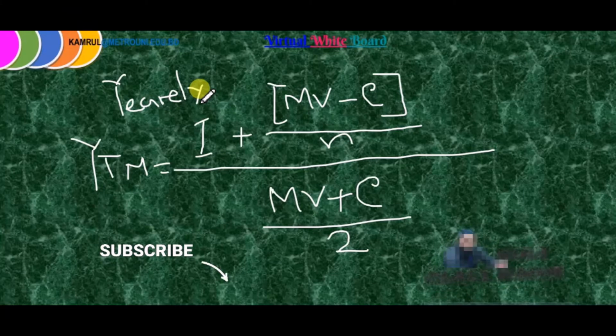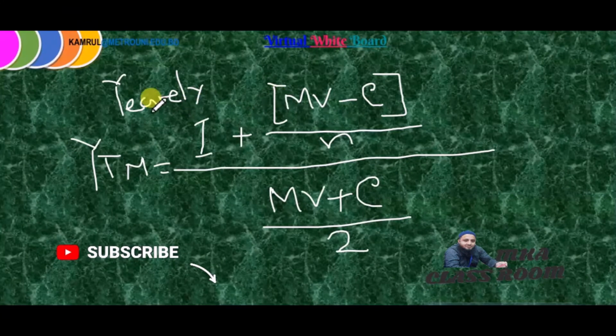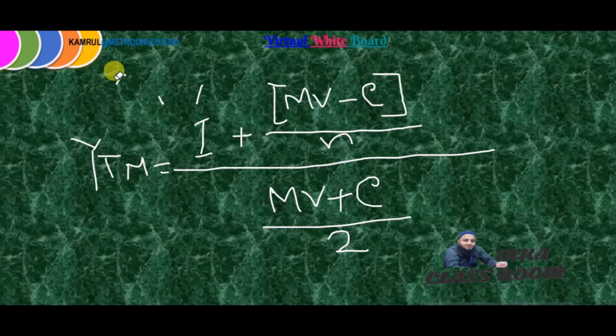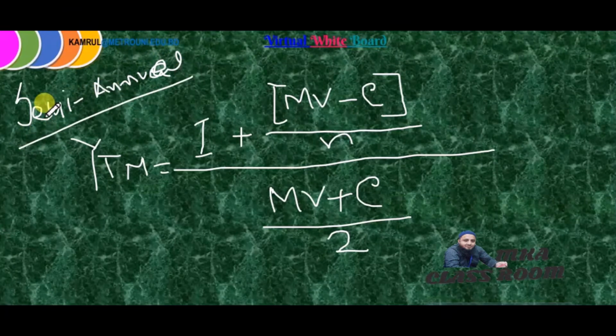So that should be called semi-annual interest or a semi-annual coupon. Here we will use the semi-annual formula. Sometimes some bonds provide semi-annual interest.